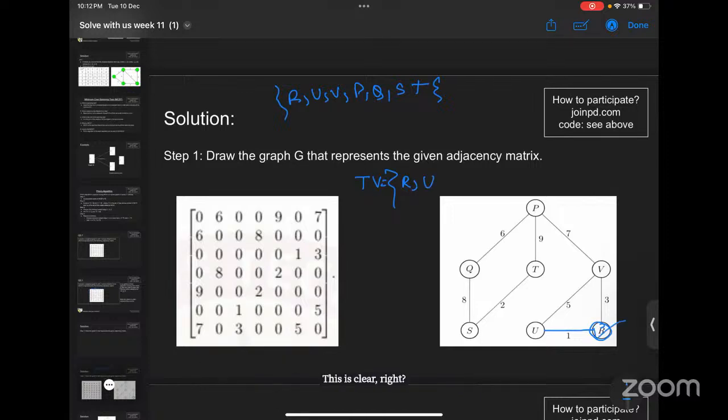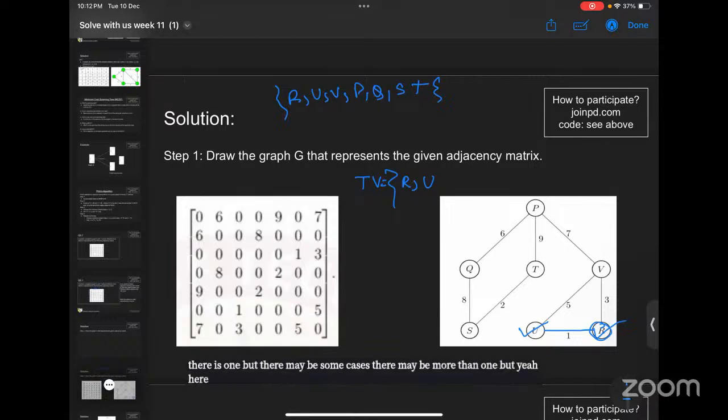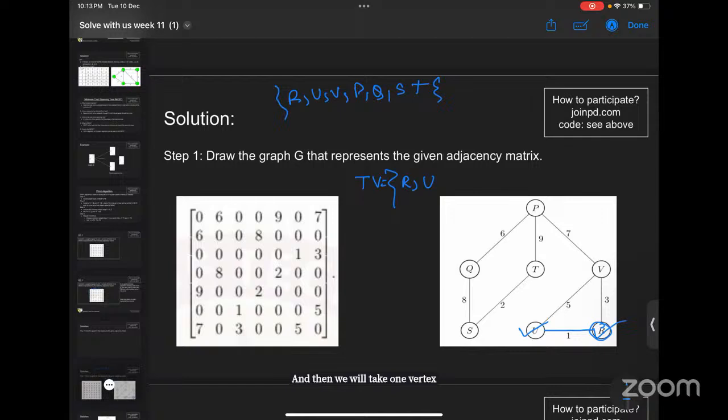So we are done with R. We are done with U. Now we have to check the vertices, which are connected with any one of these. In this case there is one, but there may be cases with more than one. Then we will take the one vertex which has the least weight, right? So we have only one option, which is V. So we have to visit V next with this edge, right?